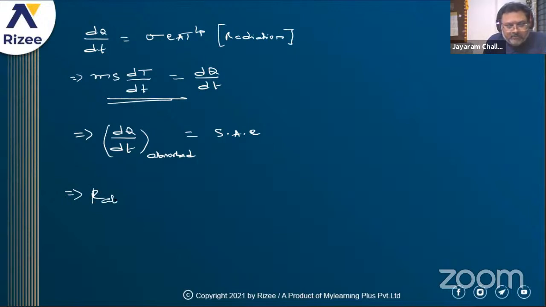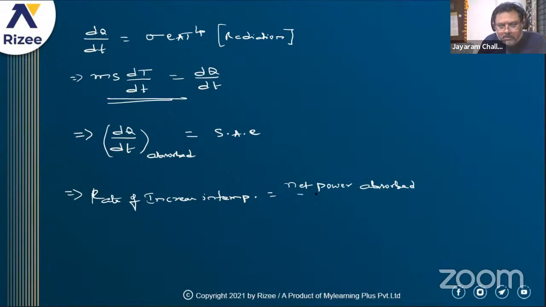So the rate of increase in temperature is equal to the net power absorbed, that is the power falling on the object minus the power radiating, divided by the thermal capacity.